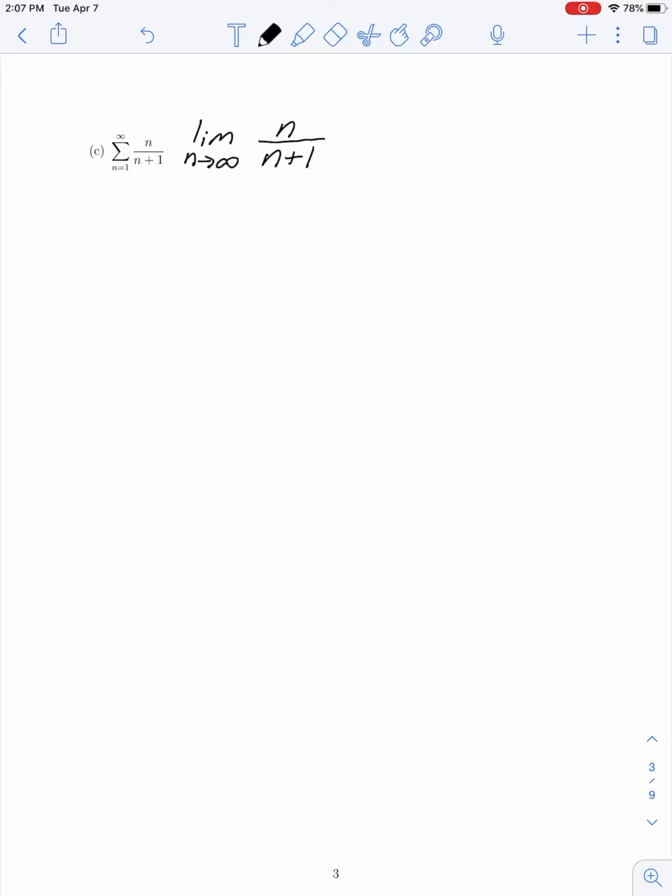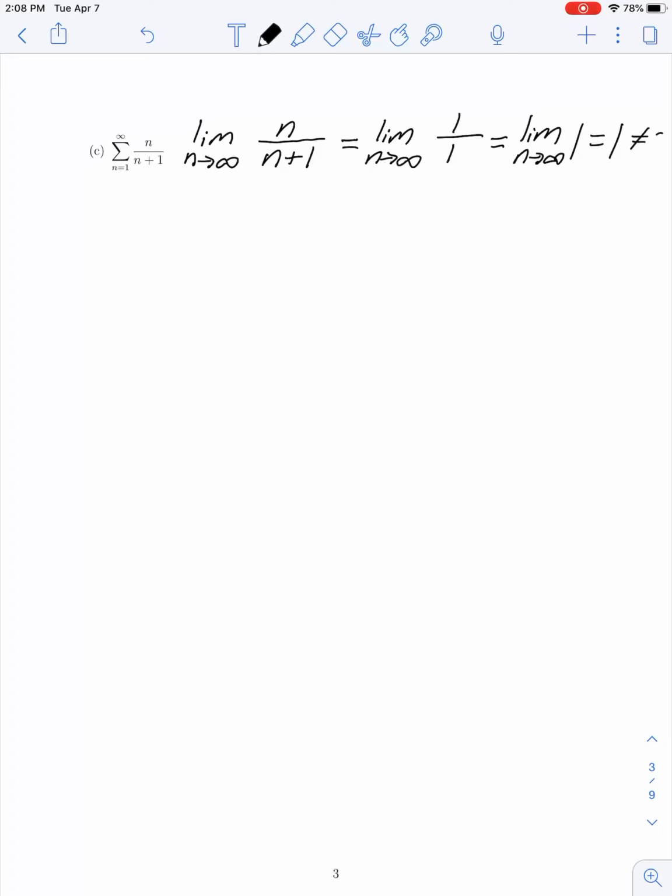And as n becomes large, we have a ratio infinity over infinity. So applying L'Hopital's rule, we would have the limit as n approaches infinity. The derivative of our numerator is 1. Derivative of the denominator is 1. So we have the limit of a constant value 1, which is 1.